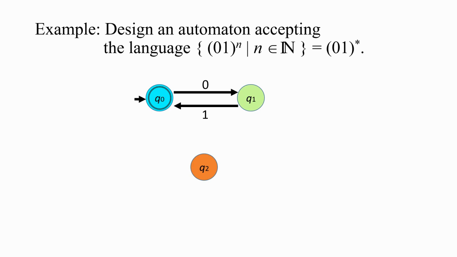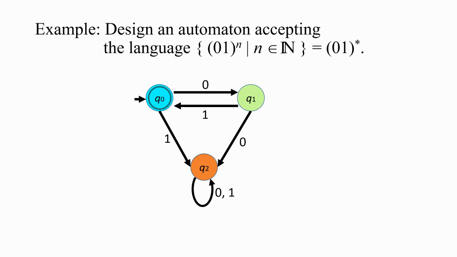Now we see that from Q0 only an edge with label 0 goes out, so we have to make another edge with label 1 from Q0 to Q2. And from Q1, we have to make another edge with label 0 to Q2. Then in Q2, we have to make a loop with labels 0 and 1.